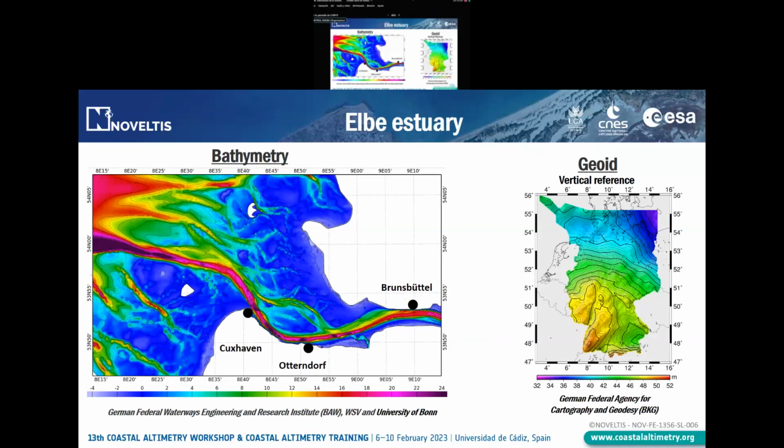The bathymetry is from the German Waterways Institute and the University of Bonn. We also use the geoid from the German Federal Agency for Cartography and Geodesy.